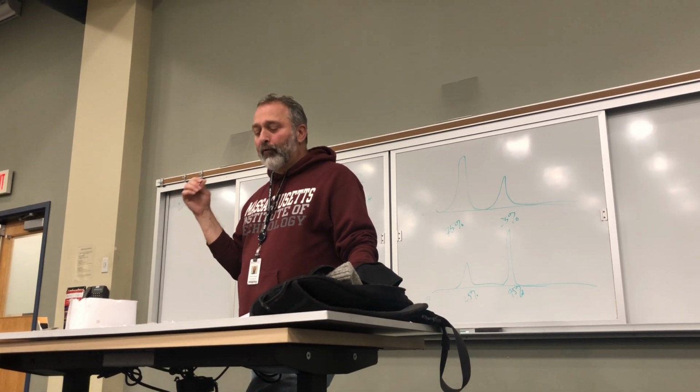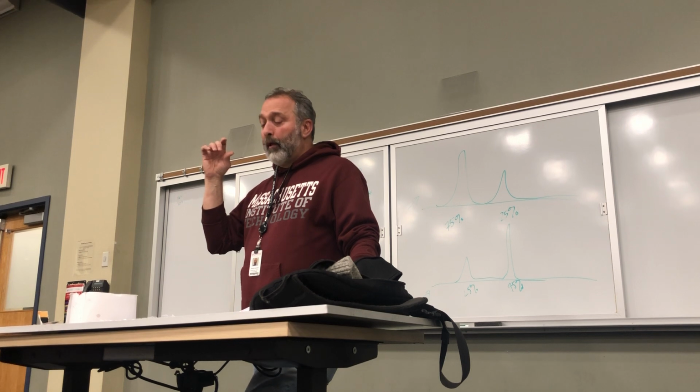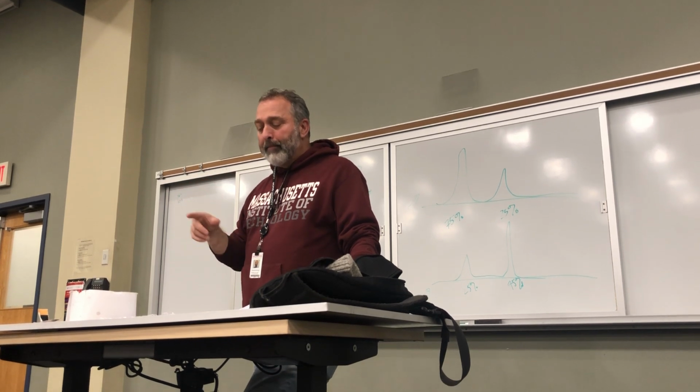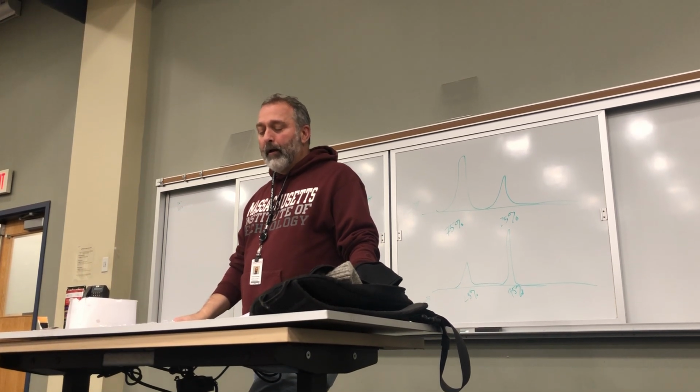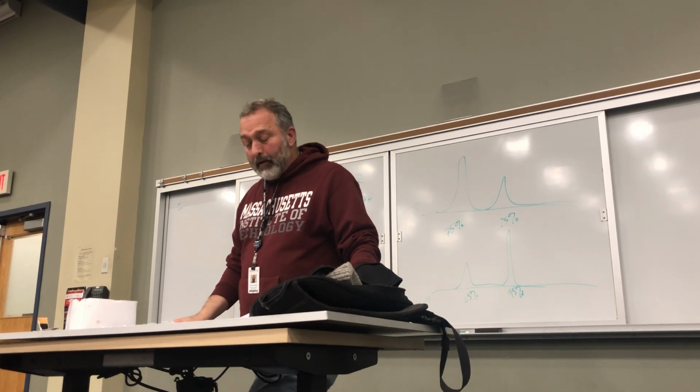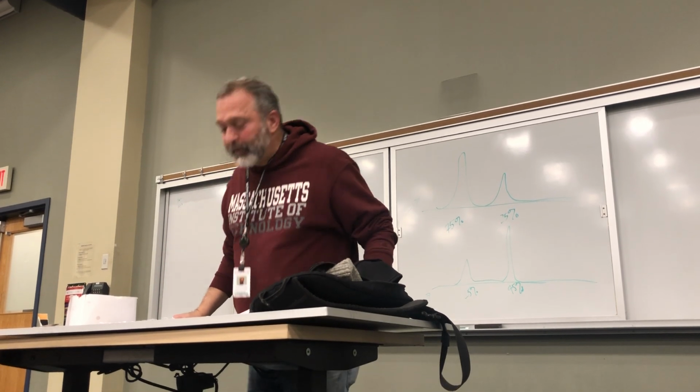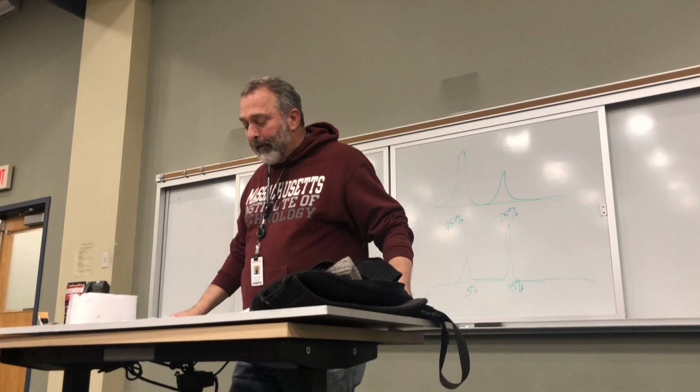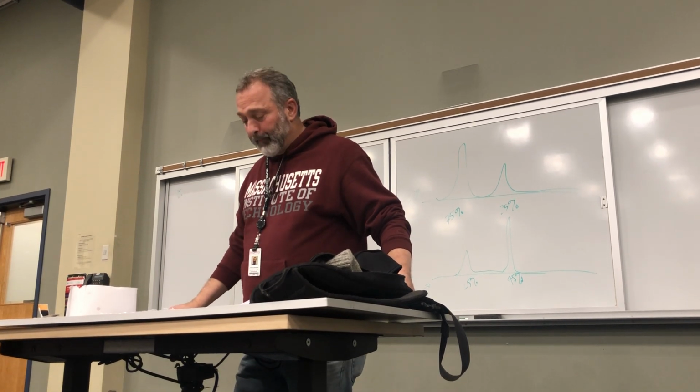But ultimately, you started out the experiment with equal quantities of the three compounds that are shown on the page there. Benzoic acid, benzocaine, which is an amine, and fluorenone, which is a ketone.